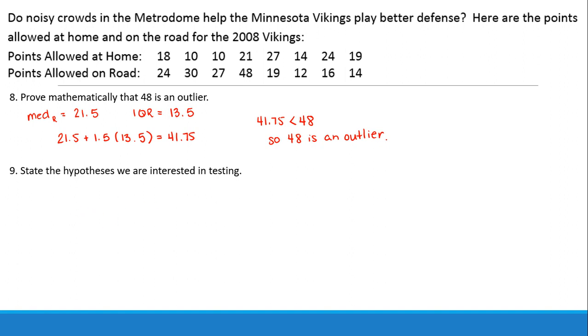State the hypotheses we are interested in testing. So our H0 would be the Vikings have the same ability to play defense at home and on the road.